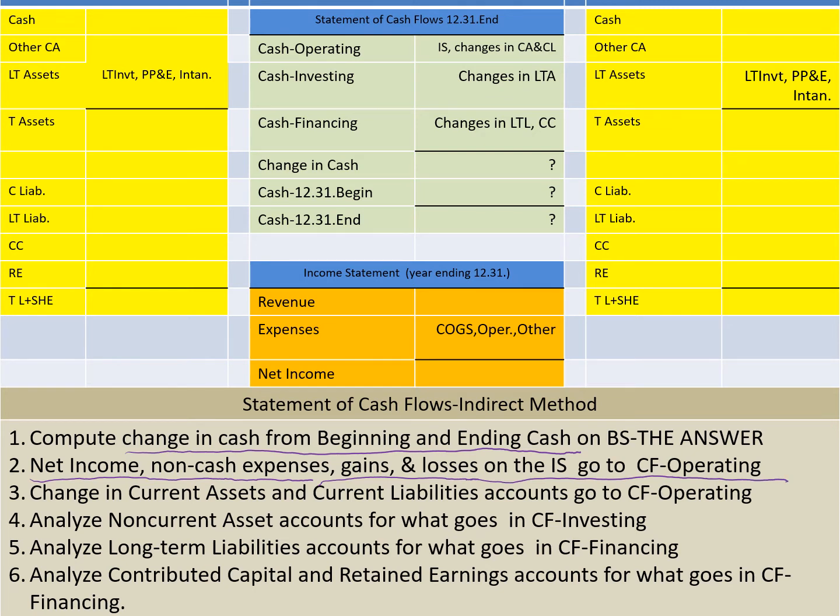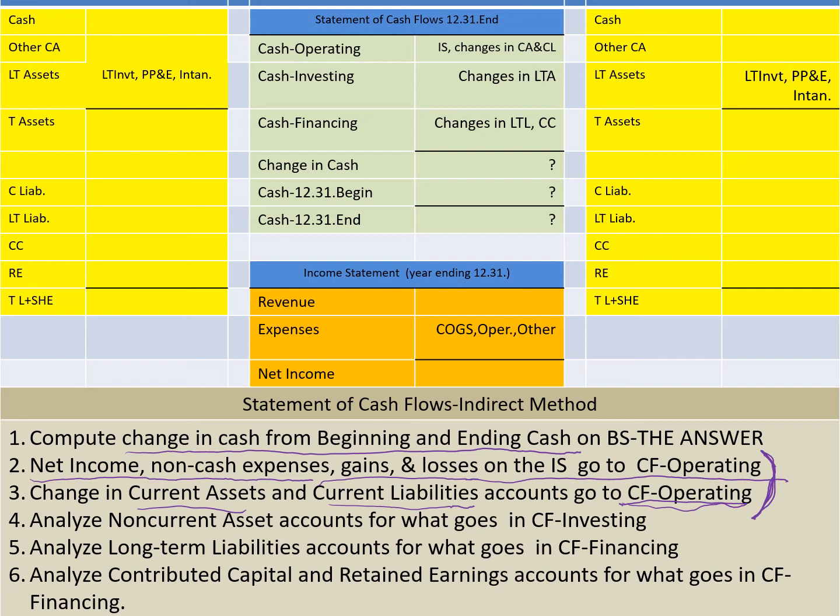Then you analyze the changes in your current assets and current liabilities, and those changes also go in the operating section. So what goes in the operating section? Changes in current assets, current liabilities, and the non-cash transactions found on the income statement. This is very similar to what we did in the direct method.